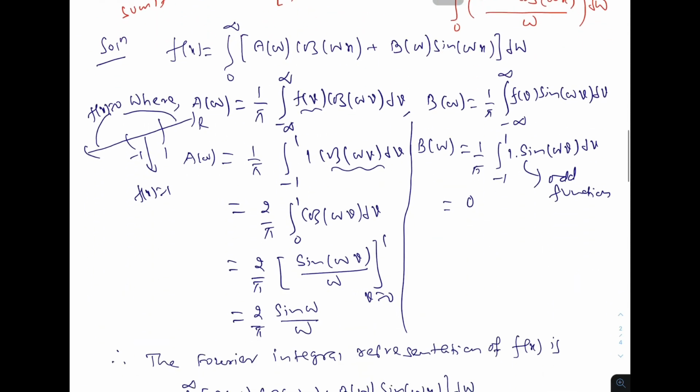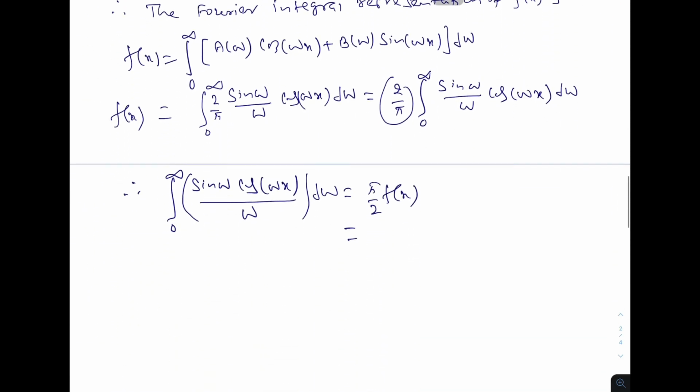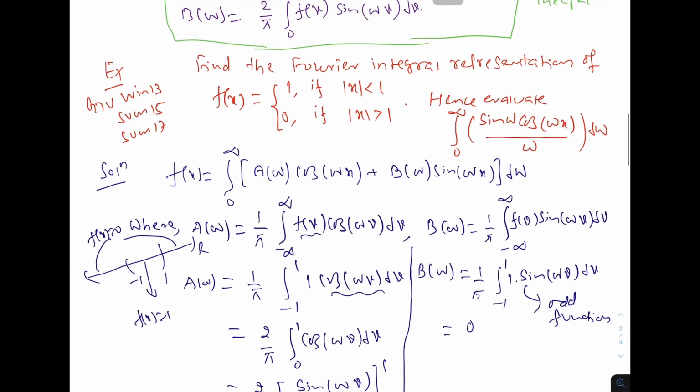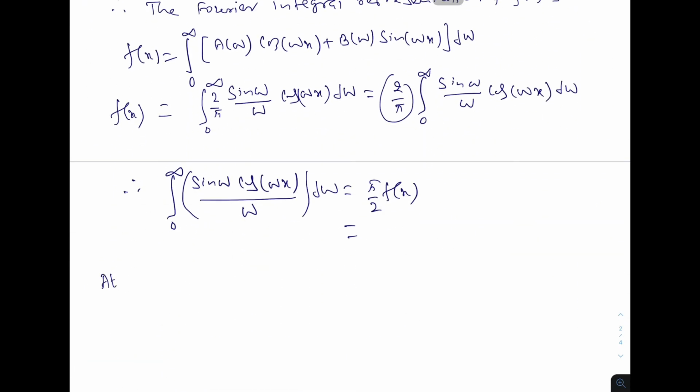Now one more thing you should take care of, exactly at x equal to 1, we need to take the average value, where there is a discontinuity. So at the discontinuity, we take f(x+0) plus f(x-0) divided by 2.